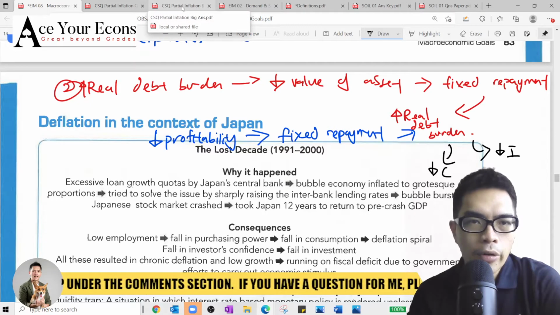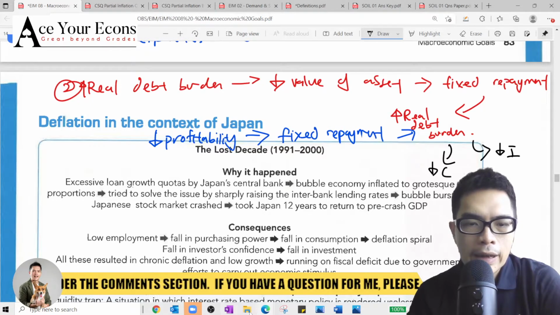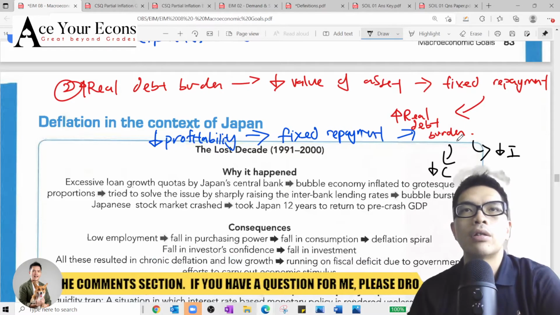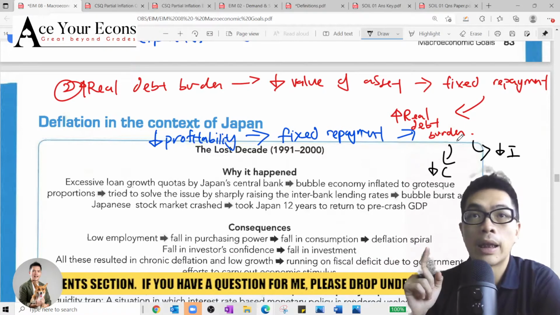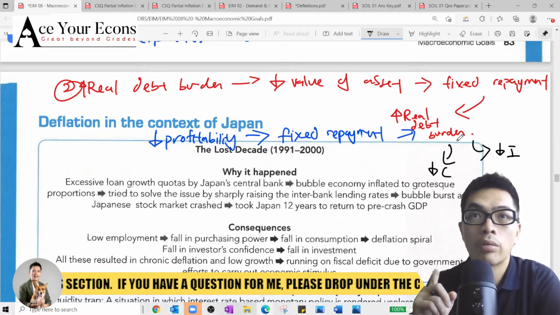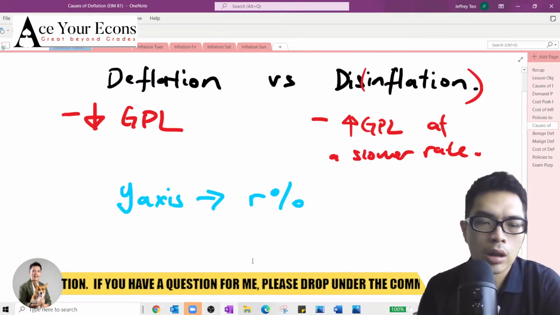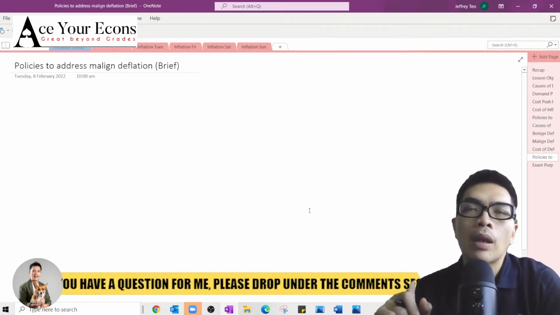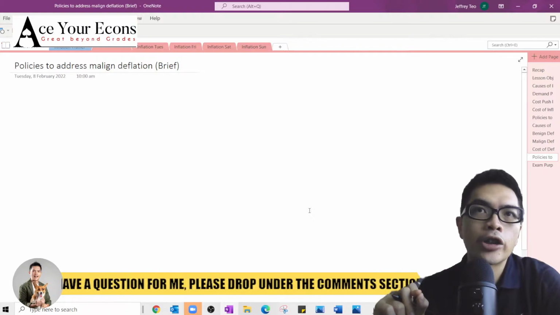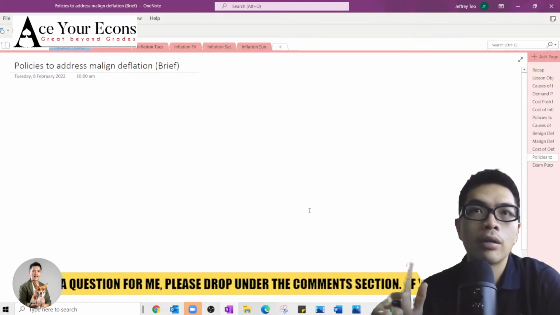Alright, I am going to move on to the last part about policies. If there is anything about concerns about deflation that you are not aware of, please let me know. So we are going to move on to the policies. The policies are fairly straightforward. Remember, we have categorized deflation into harmless or harmful, right?